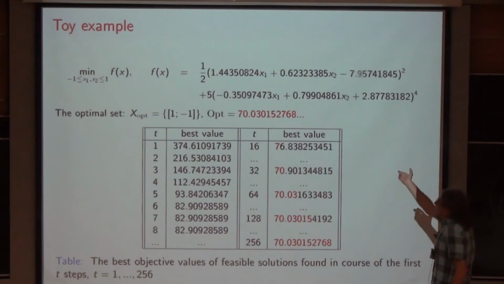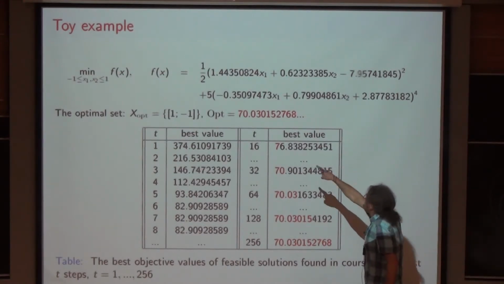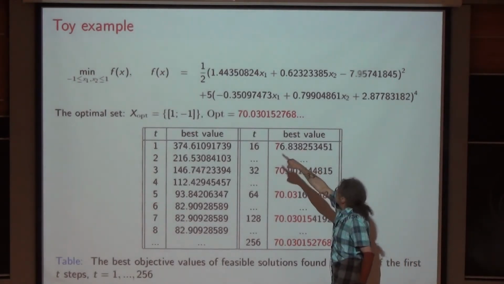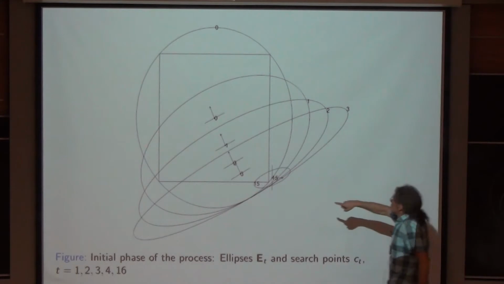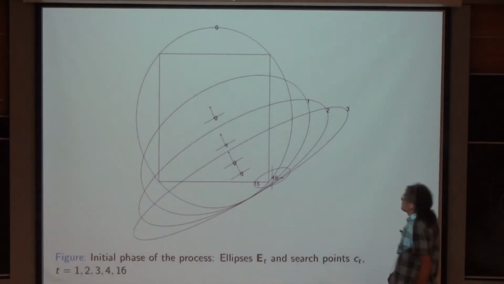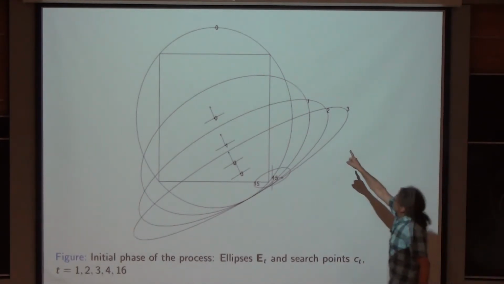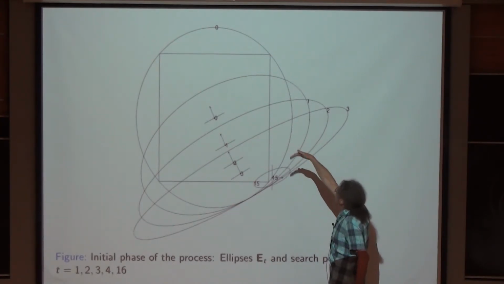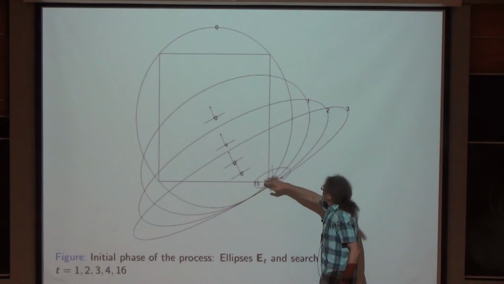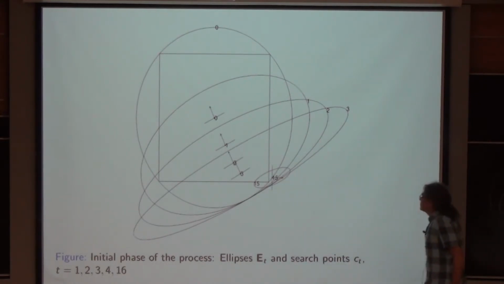We want to minimize just a quadratic form, and this is the optimal value, and the optimal solution is just the lower right corner. We start with this initial ellipsoid, which is the circle 0, and we iterate, and you see how the ellipsoids decrease.